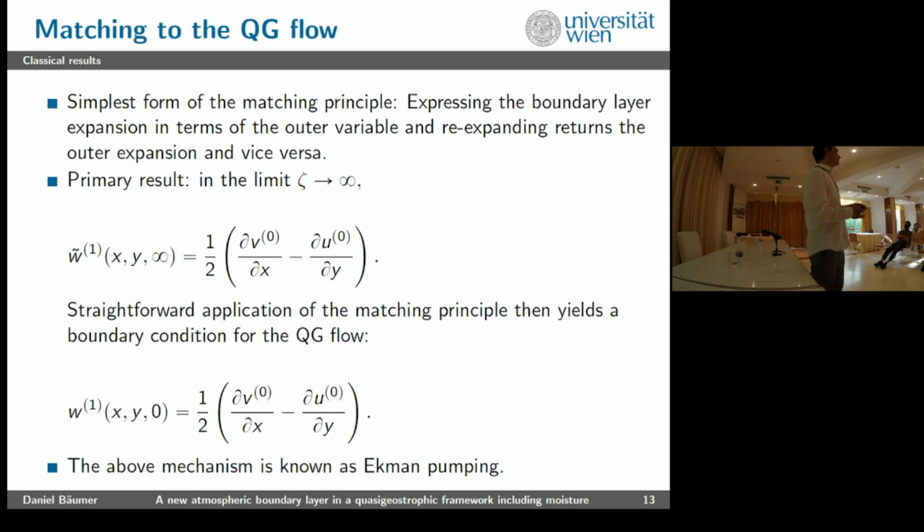And so what happens is the following. One relation that I didn't write down is that, of course, the boundary condition for the pressure in the QG flow fixes the leading order pressure in the Ekman layer. So it's this pressure that then produces motion, and in particular also this vertical motion, which gives us again a boundary condition for the vertical velocity in the QG layer.